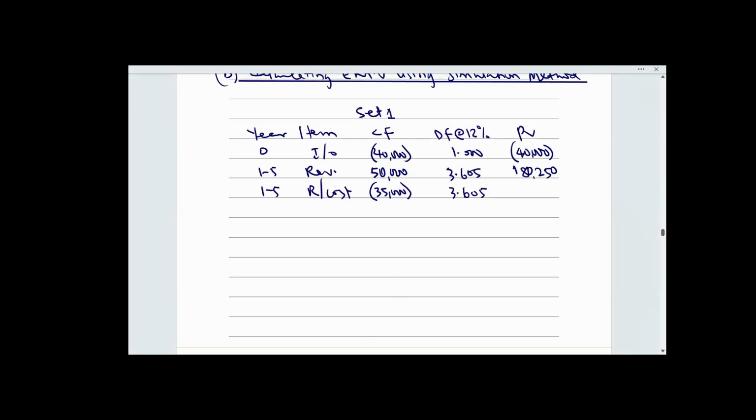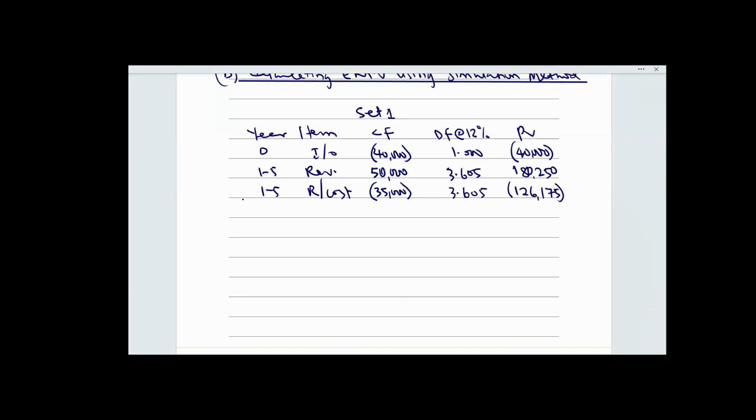The next one is 35,000, which gives 126,175.